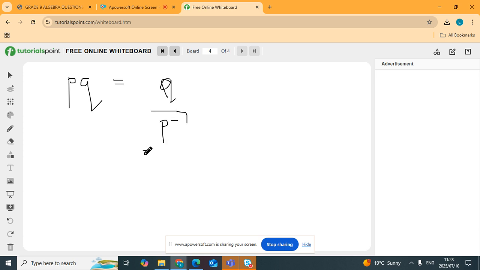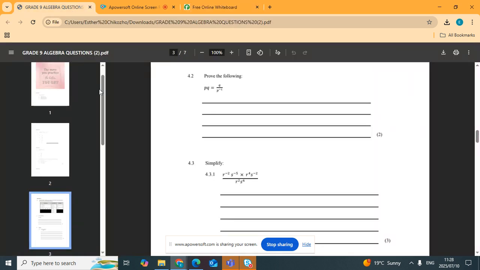Now, this is basically Q multiplied by 1 over P to the power of minus 1. If it's 1 over something, it's always going to be to the power of minus 1. So now this becomes Q times P to the power of minus 1 to the power of minus 1. Then you end up with QP, or basically your PQ.